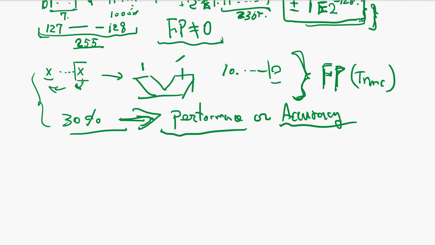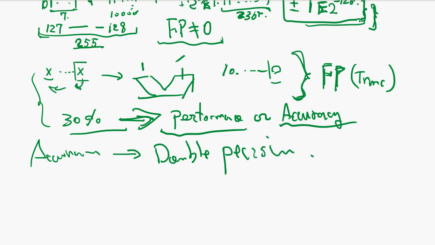Okay, and when you worry about accuracy, you have a remedy. What you do is take double precision FP. And what is double precision? It's 64-bit, so you have a much finer grain of real number, the rational number.